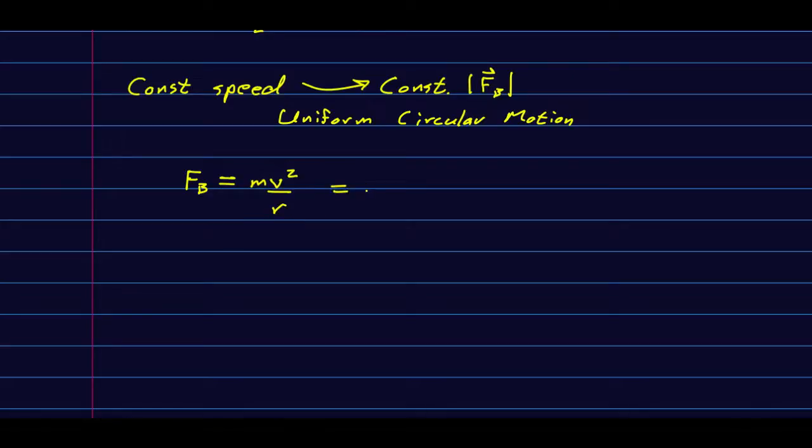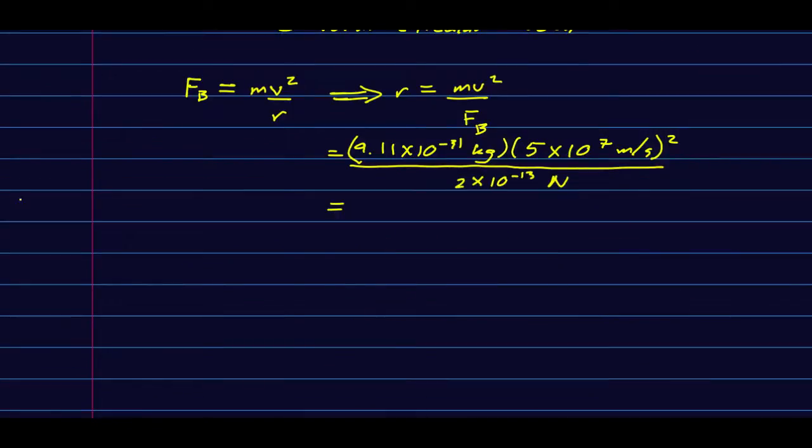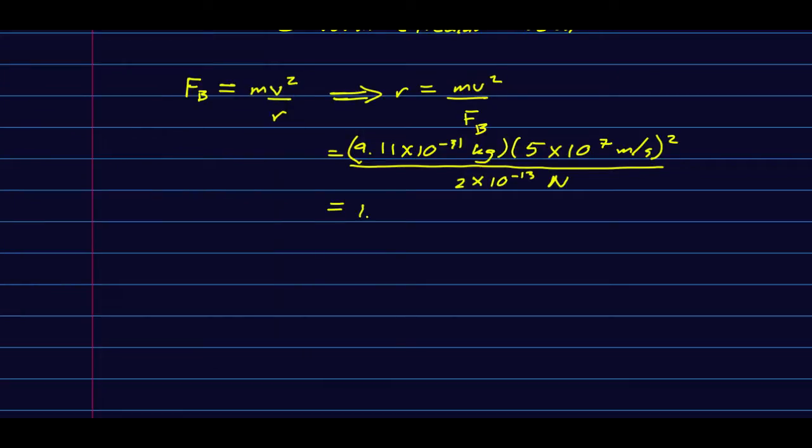So we can find the radius of the circle just by solving for r, so let's plug in all the numbers. And we get that the electron is going to go in a circle a little over a centimeter in radius, about 1.1 centimeters.